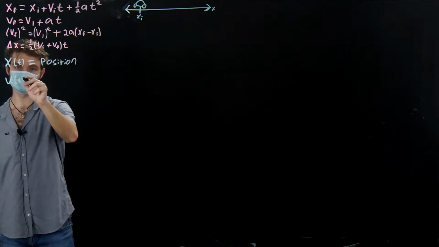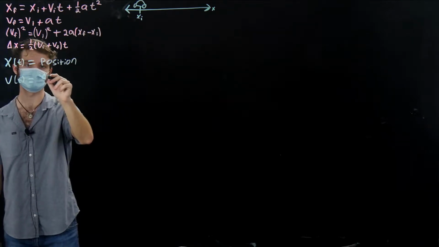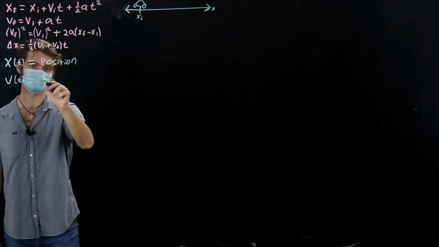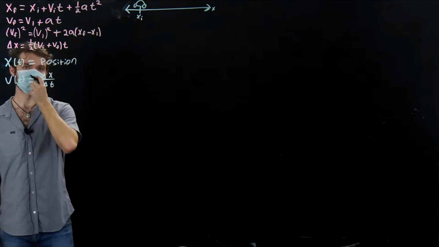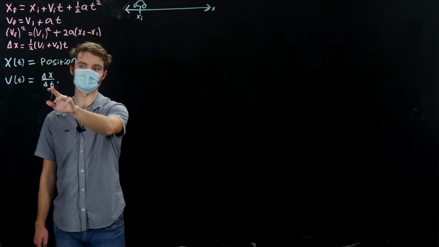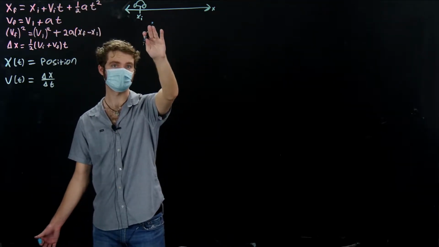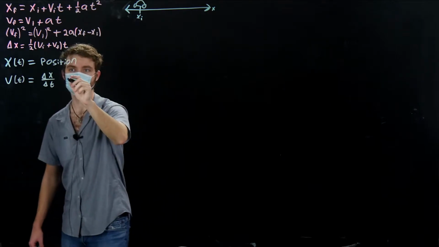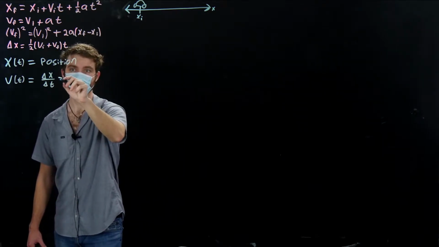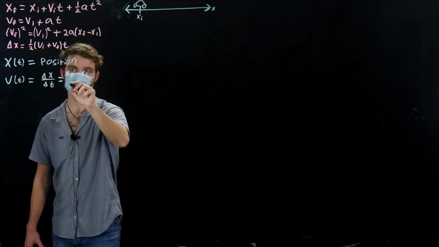V of t is equal to our change in x for a change in time. We have this triangle here, the dt. But if we think about it, we have xi as our initial position. So delta x, or triangle x, is x final minus x initial.